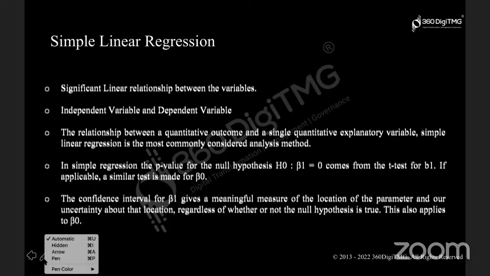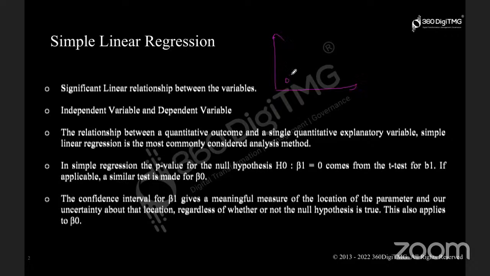This is called a scatter plot. In the scatter plot, you draw a line, such a line. Now this is my x: 1 lakh, 2 lakh, 3 lakh, 4 lakh, 5 lakh.